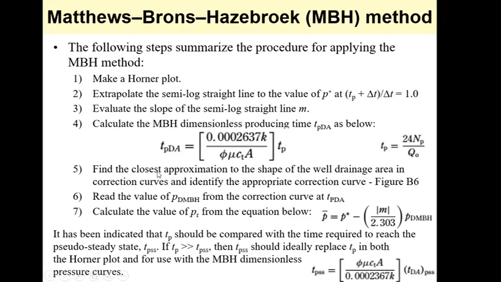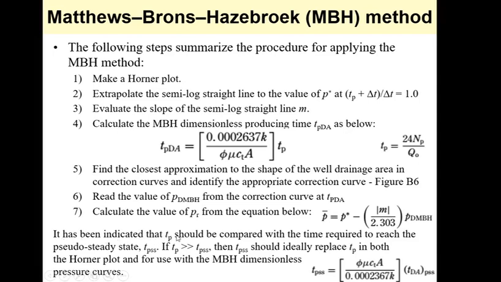Then we need to find the closest approximation to the shape of the well drainage area in the correction curves, and identify the appropriate correction curve. The sixth step requires reading the dimensionless MBH pressure as a function of the dimensionless producing time, and then applying the equation I've shown before to obtain the average reservoir pressure.